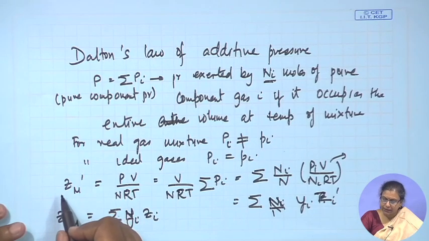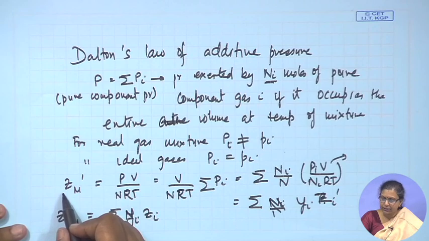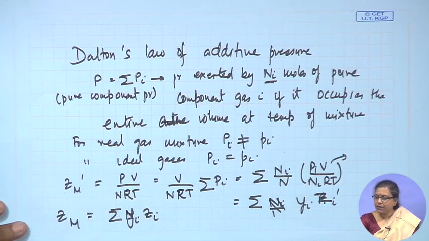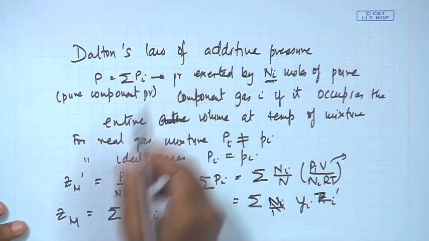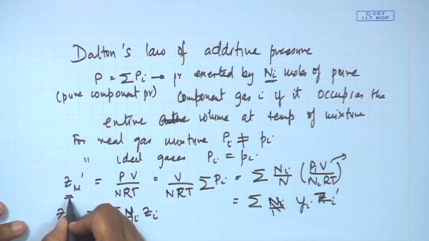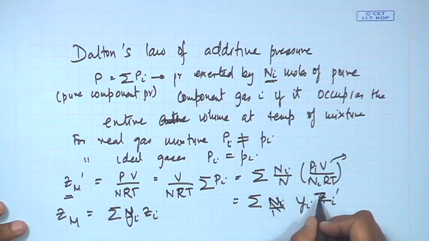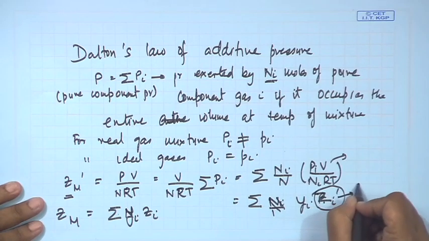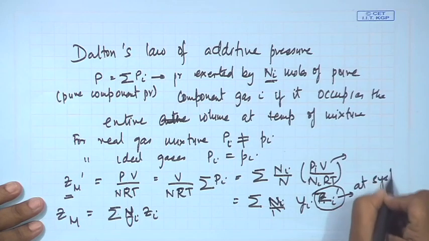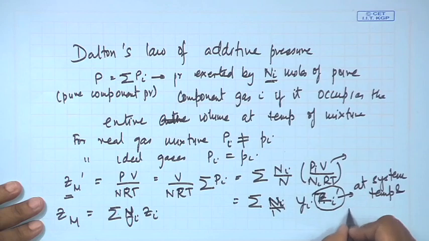Fine. Now, just see the difference between the two. I can predict the mixture compressibility factor either by using Amagat's law of additive volumes, which I have derived here, or Dalton's law of partial pressure. We find that from Dalton's law of partial pressure, the mixture compressibility factor is defined in terms of the pure component compressibility factor, where this is taken at system temperature and pure component pressure.